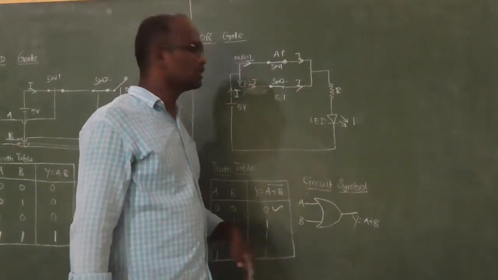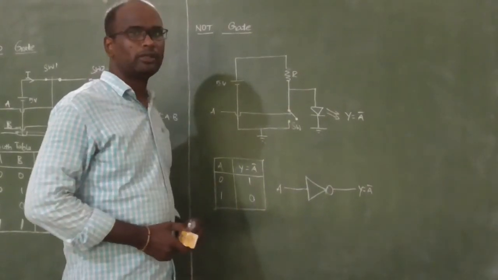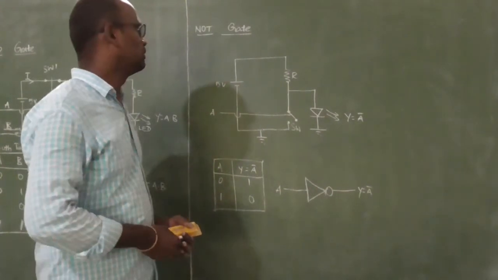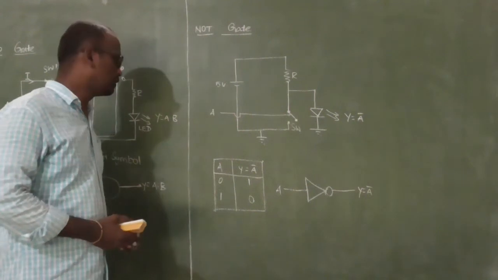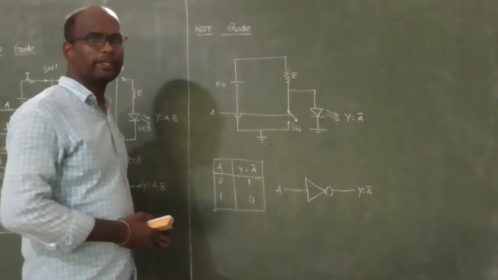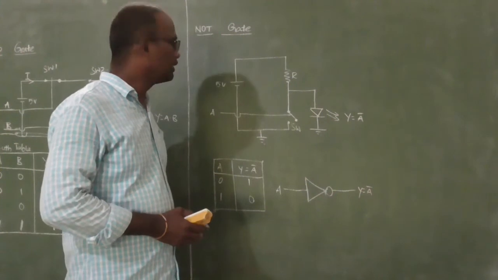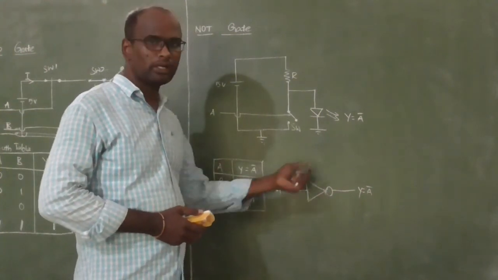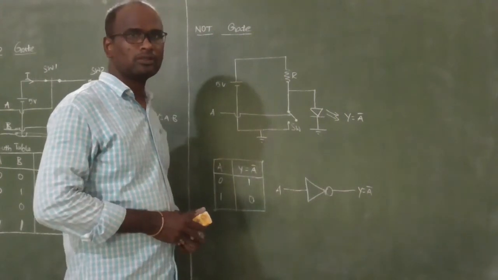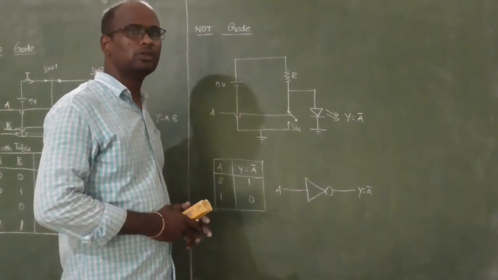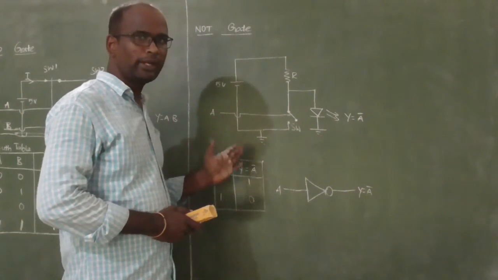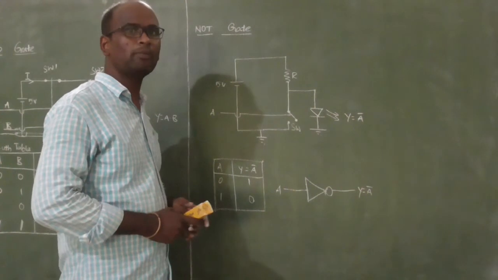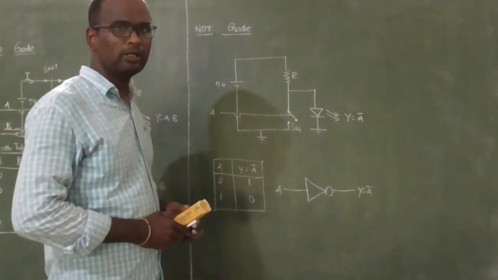Okay, the next basic logic gate is the NOT gate. So actually the NOT gate will provide the negative output, that means it consists of a single input and single output. It is mainly used to provide the negative output for the applied input, that is the complementary output for the applied input.